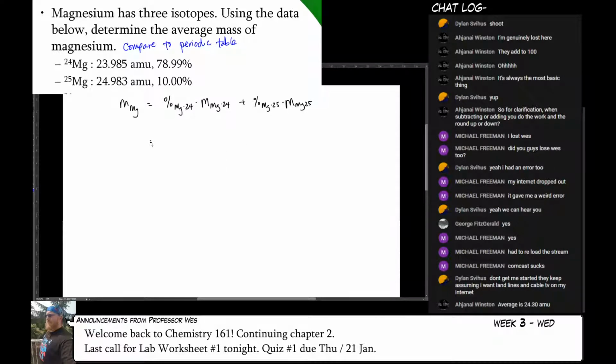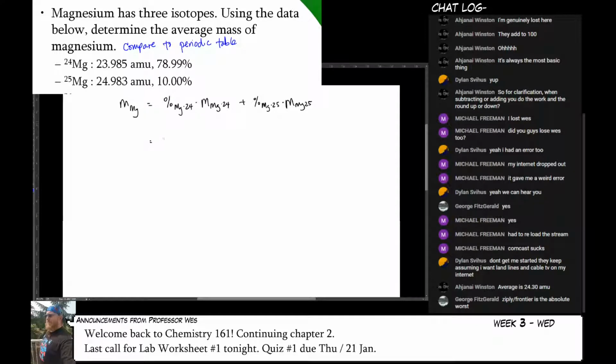And I've given you all the numbers here, so this is really simple to put in. 0.7899 times 23.985 AMU plus 0.1000 times 24.983 AMU.